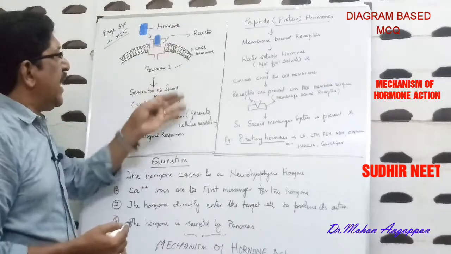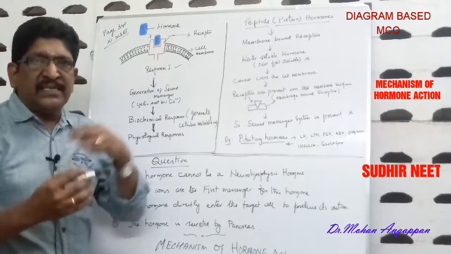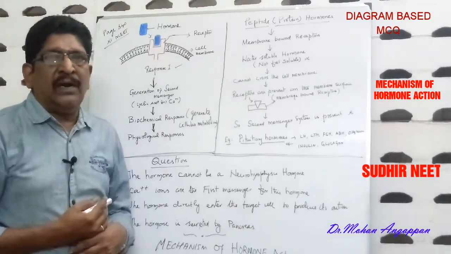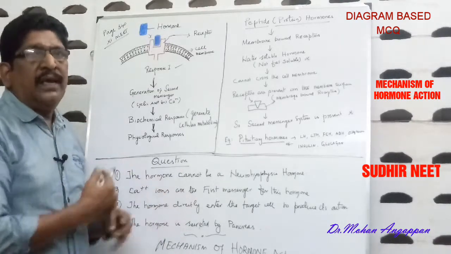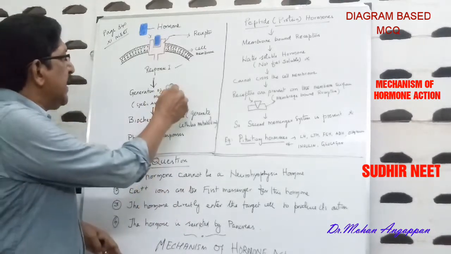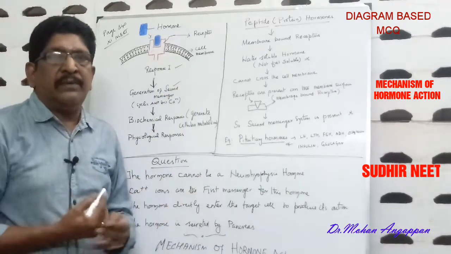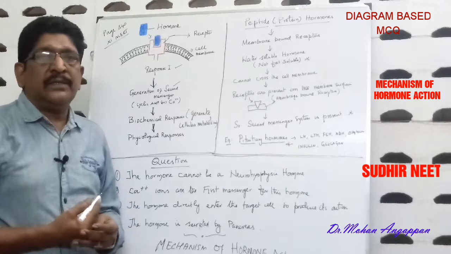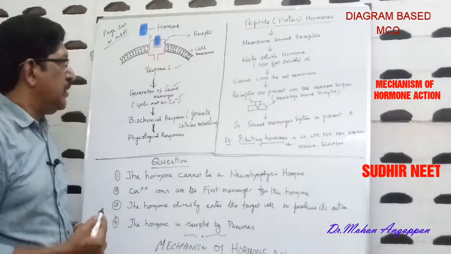It cannot directly act upon the cell. It needs another mechanism, or another messenger, to help do the work. So it generates a second messenger. It may be cyclic AMP, adenosine monophosphate, or calcium ions, mostly calcium ions.